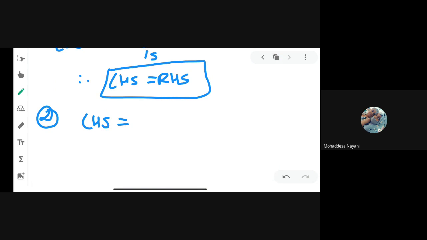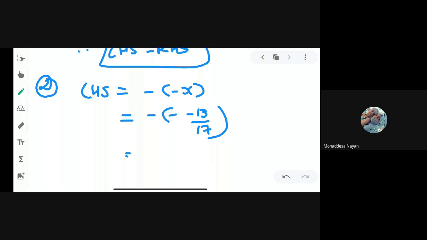Like this we have to verify the other question, x equal to minus 13 by 17. Minus minus x. Again we are putting minus minus, and the value of x is minus 13 by 17. So you can see this inner two signs minus minus become plus, so plus 13 by 17. Right?